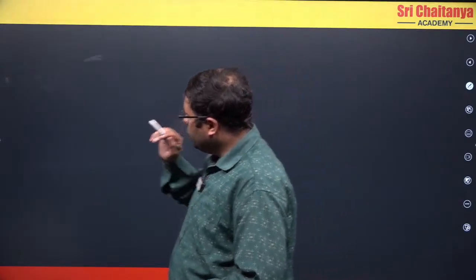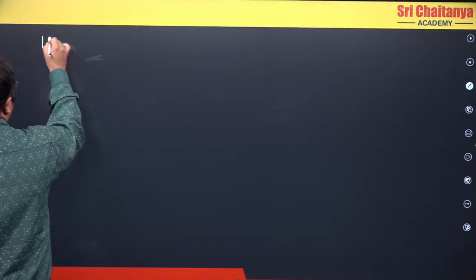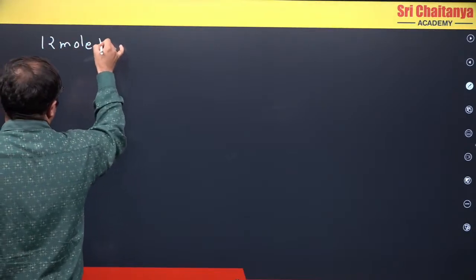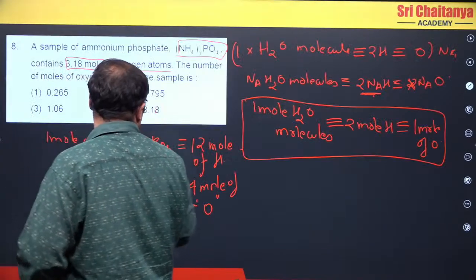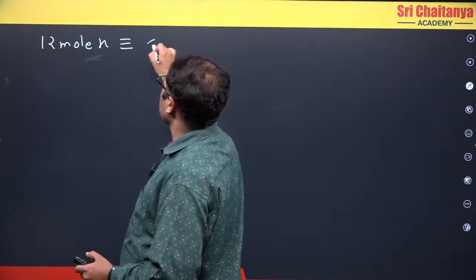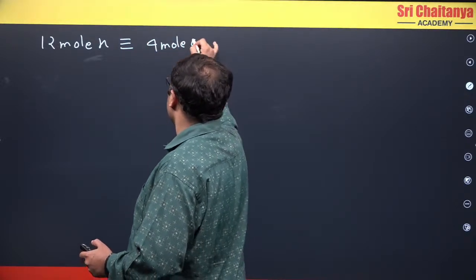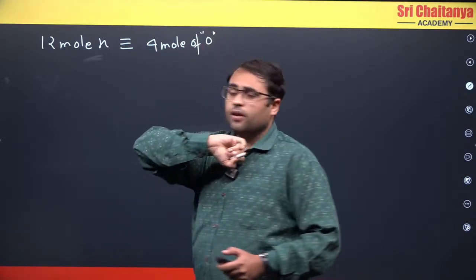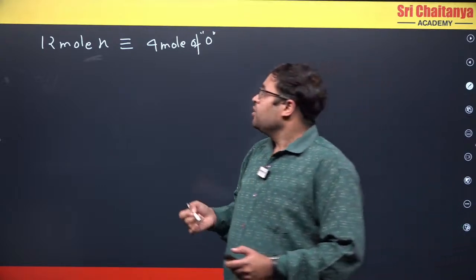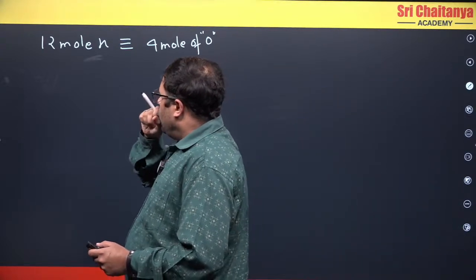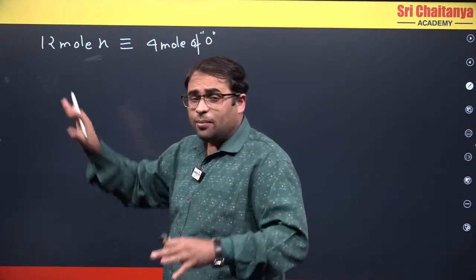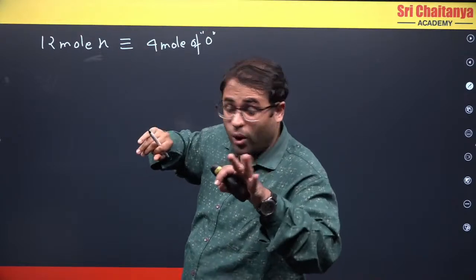Let us find that by the unitary method. So, you have 12 moles hydrogen equivalent to 4 moles of oxygen, right? That's about it. So, simply divide both sides by 12.